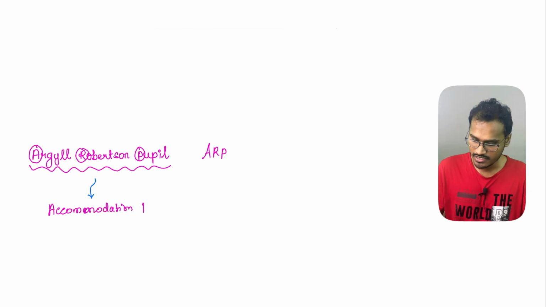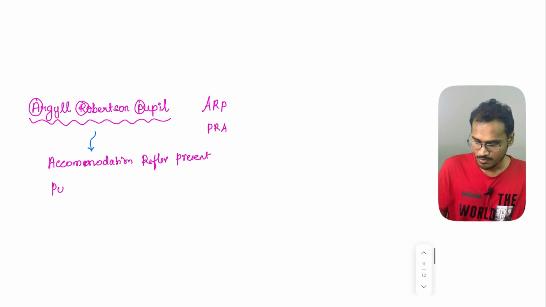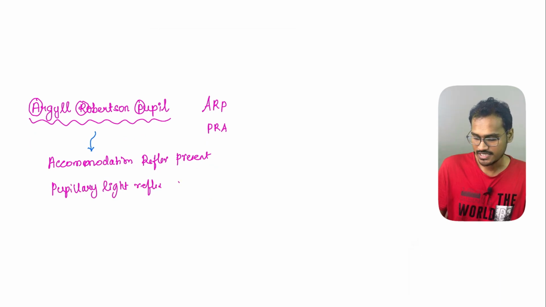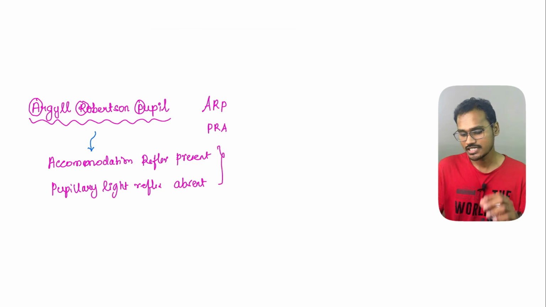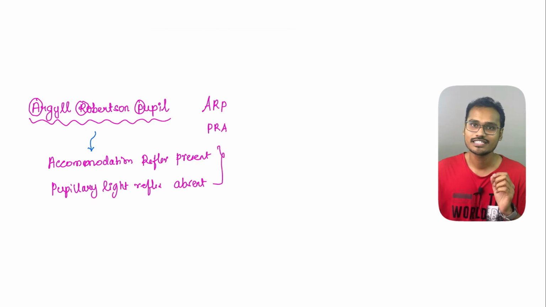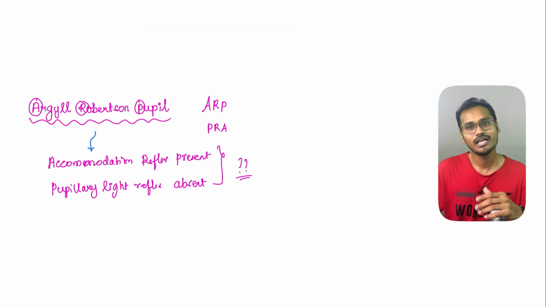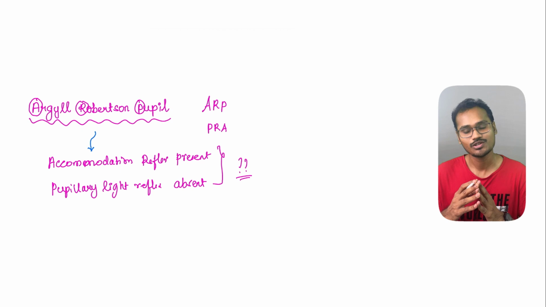And if you read it reverse, it is like PRA, so I can write it as pupillary light reflex absent. So why in this particular Argyll-Robertson pupil is the accommodation reflex present, but the pupillary reflex absent? So you are going to look into it and put it in the comment section. I'll be happy to share whether it is a correct answer or not.